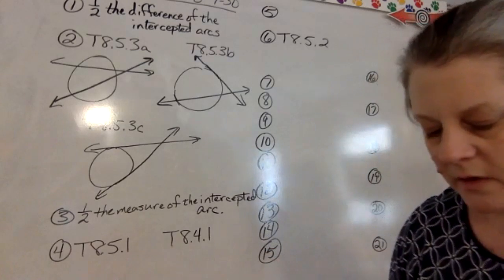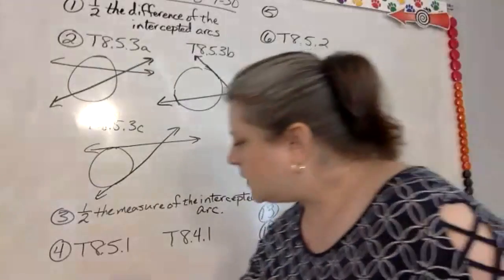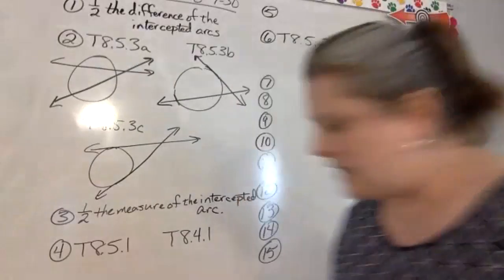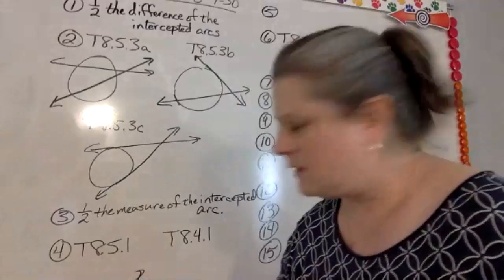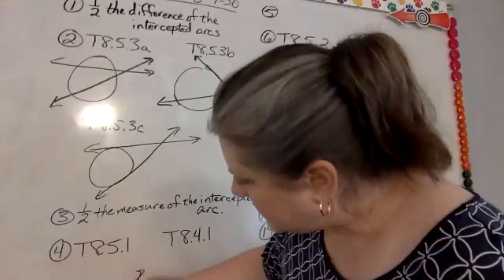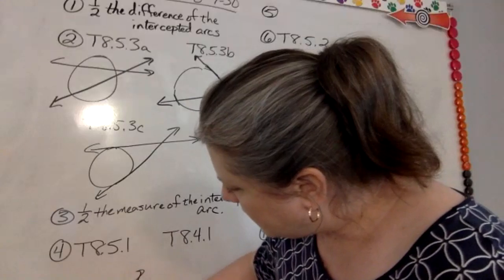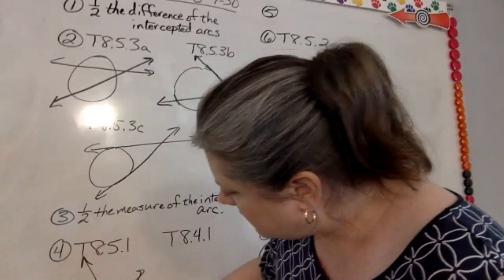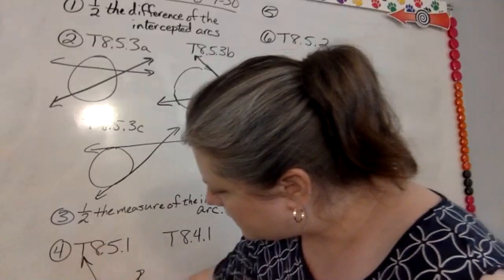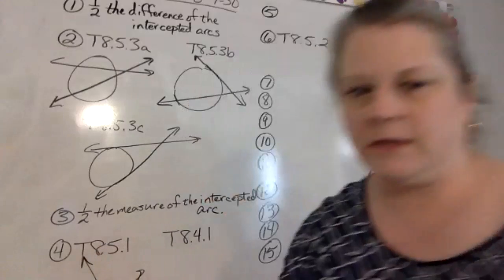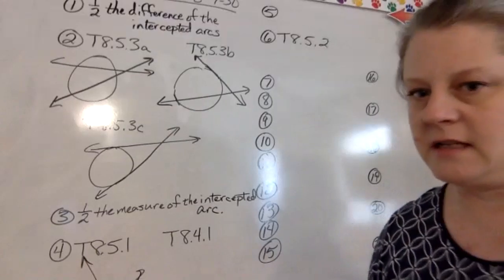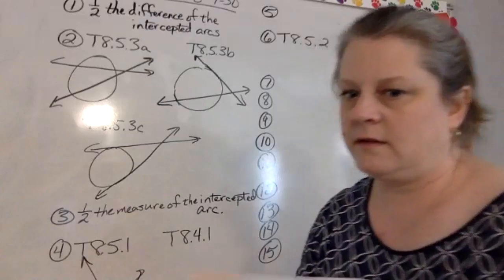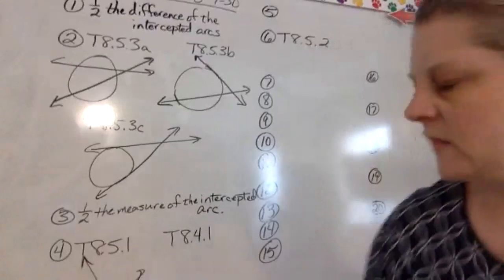Okay, so 8.5.1 is when you have a secant, and then you have a tangent, and they intersect at that point of tangency. So this would be the arc that they intercept. Okay, you have the secant, and then you have the tangent.